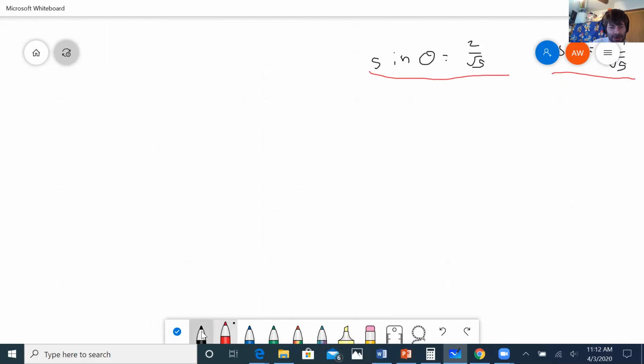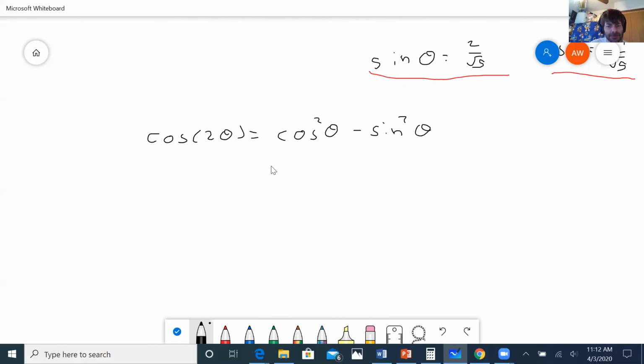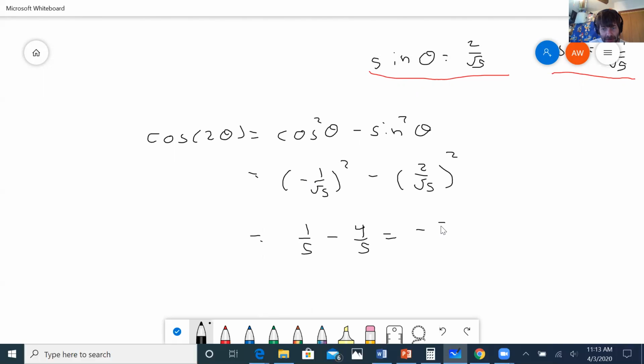Okay, so my first problem here says to find cosine of 2 theta, which is cosine squared theta minus sine squared theta, -1 over root 5 squared, minus 2 over root 5 squared. And I have 1/5 minus 4/5, which is -3/5.